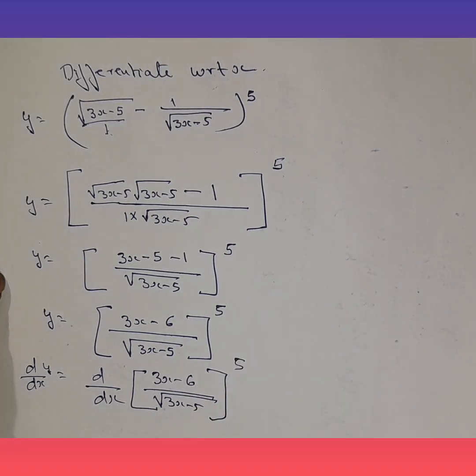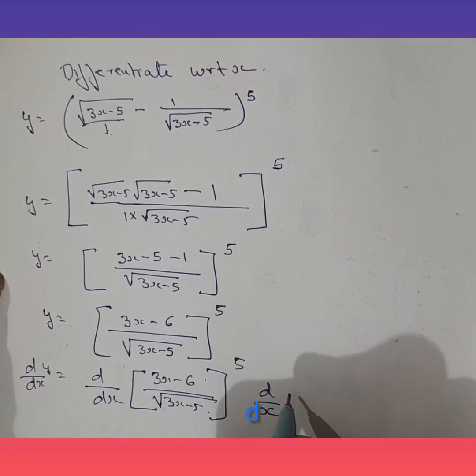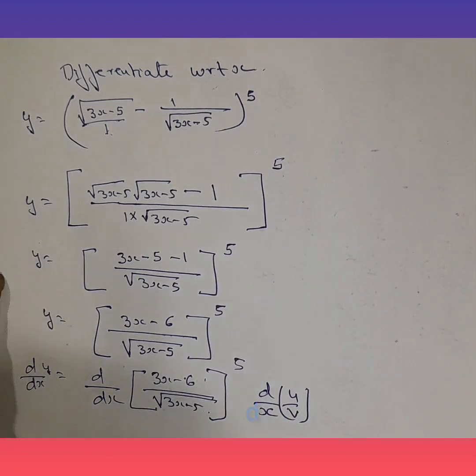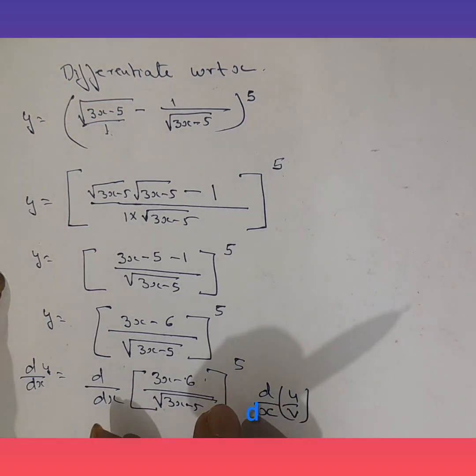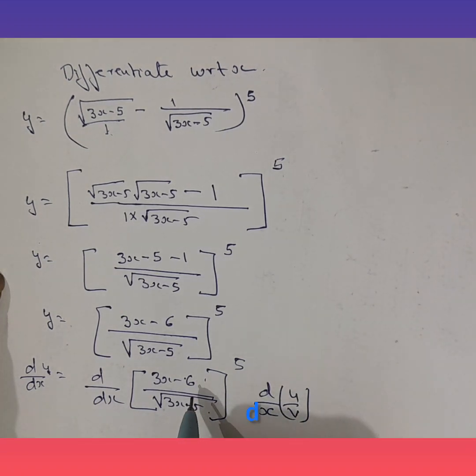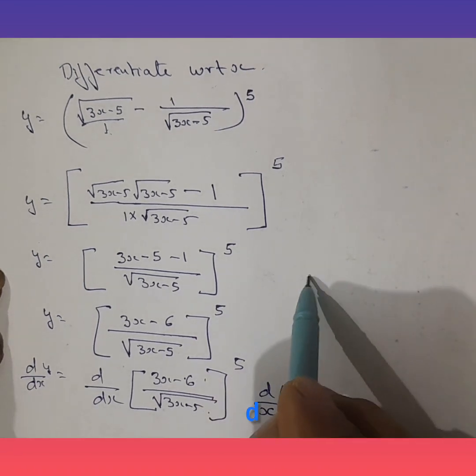Then don't you feel it is d by dx of u by v sort of thing, isn't it? This is u, this is v. So let's proceed. So that would be used, but prior to that we also have got to use the chain rule. I hope you know what the chain rule is.